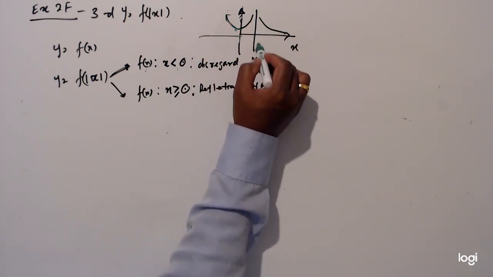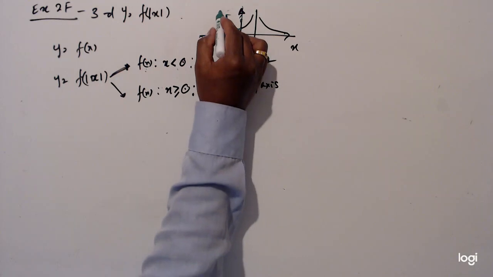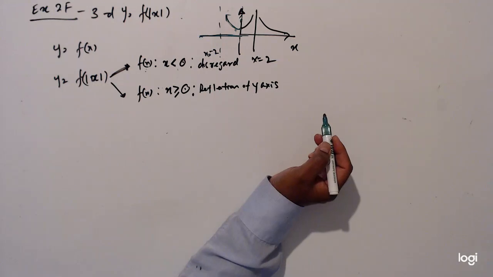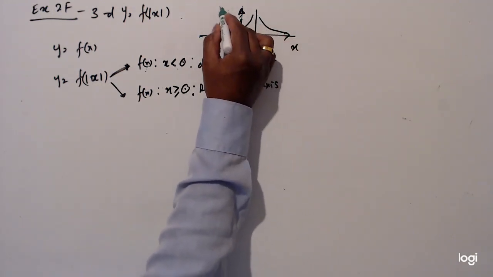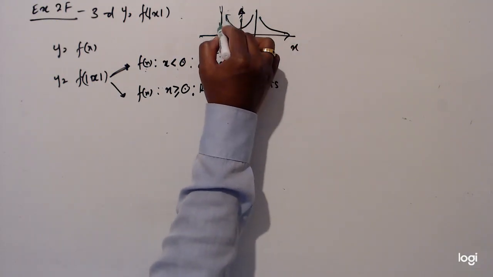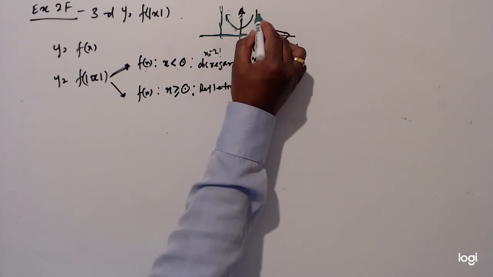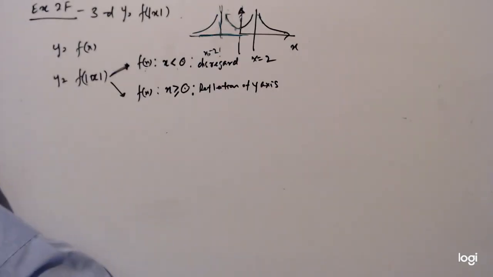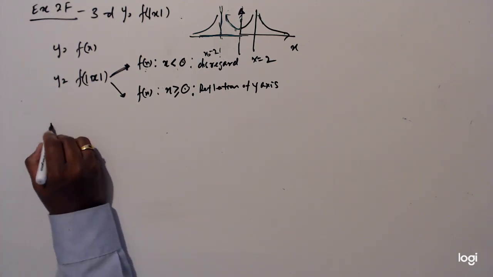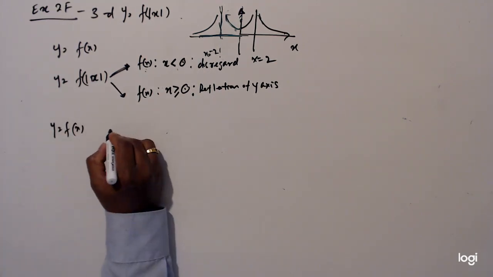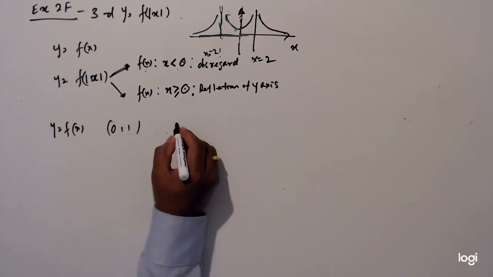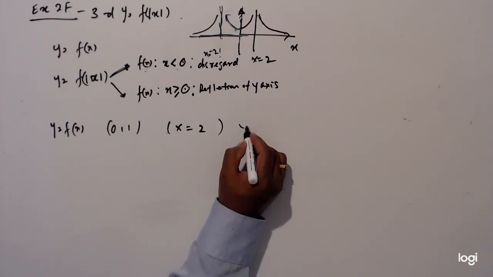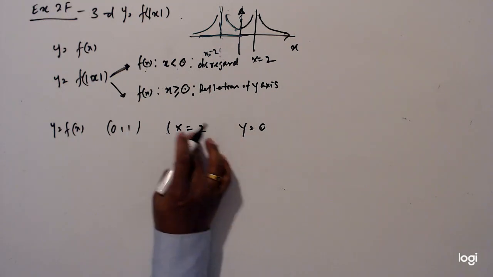Then the mirror reflection of x equal 2 becomes x equal minus 2. And after that this part, it is here, from here to here, so it is here to here. 0 1 point, x equal 2 and y equal 0 asymptotes.